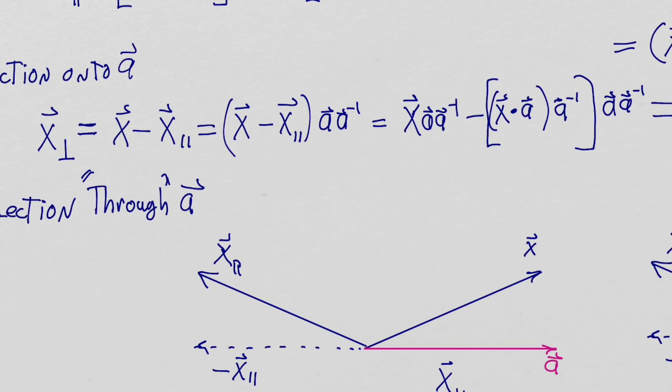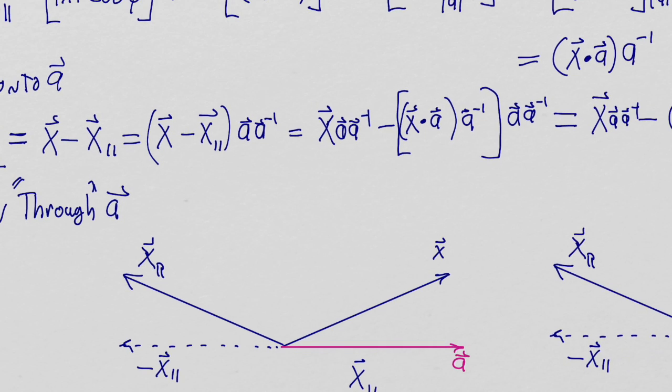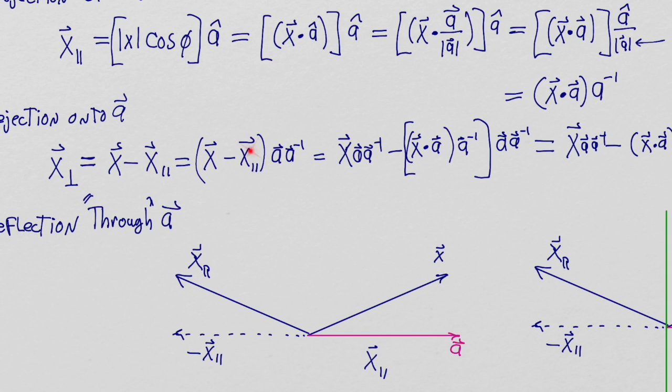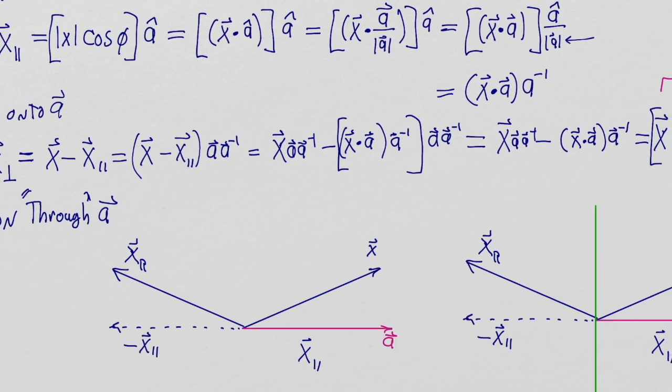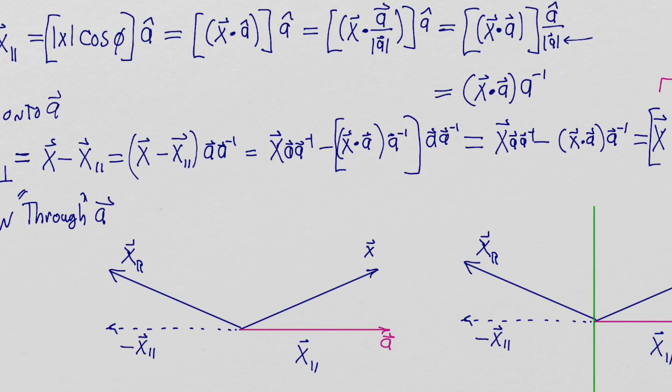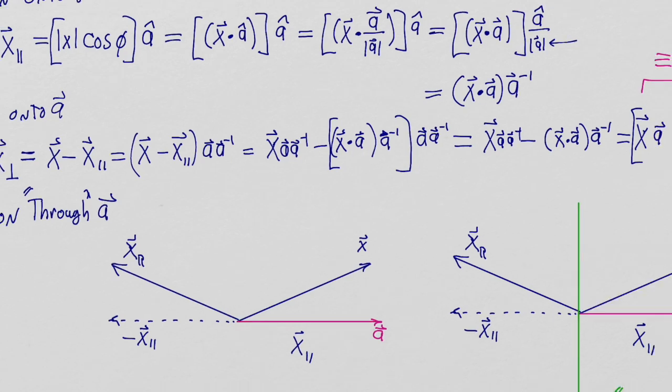You can always multiply the geometric product by A A inverse, right? Because that's just 1. So I can distribute the A A inverse to get x A A inverse, and then x dot A inverse A A inverse, because the projection part is x dot A inverse, where I am missing a little arrow there, right? This is supposed to be a little arrow right here.